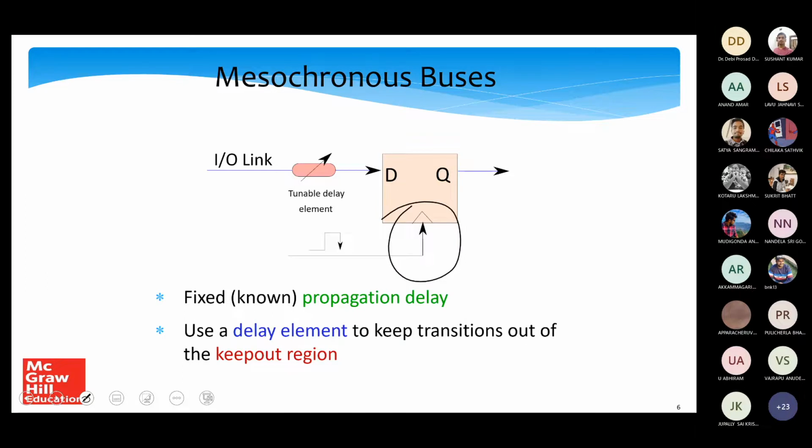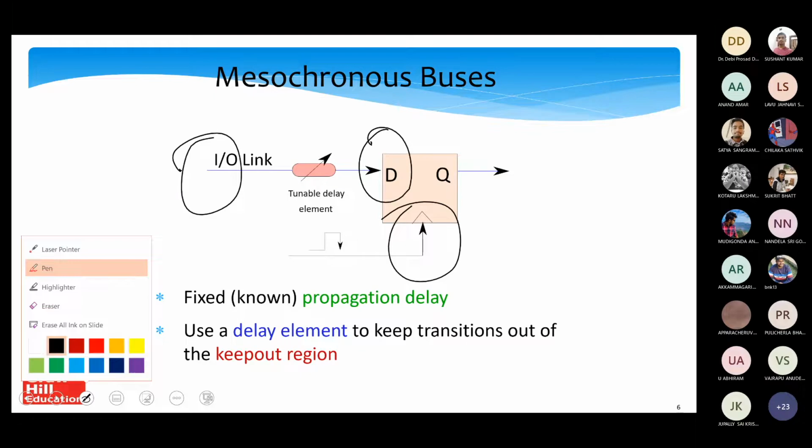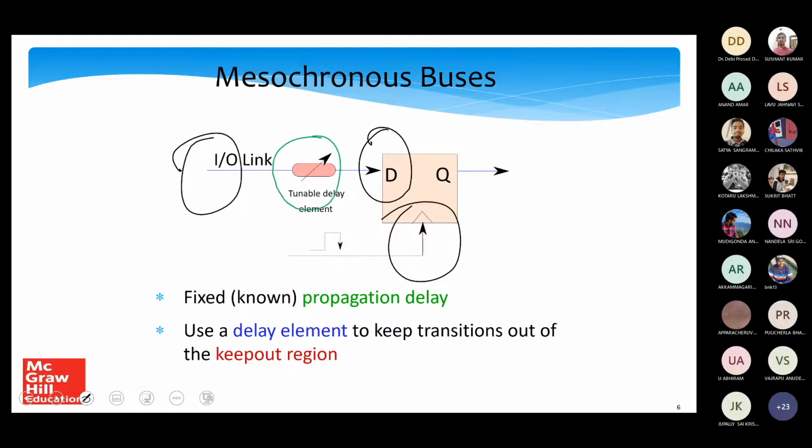You don't want this thing to arrive here. So what you do is you delay it using this element. You can actually buy chips which delay a certain signal by 1 nanosecond, 2 nanoseconds, 7 nanoseconds. These are tunable delay elements, but they introduce a fixed delay.